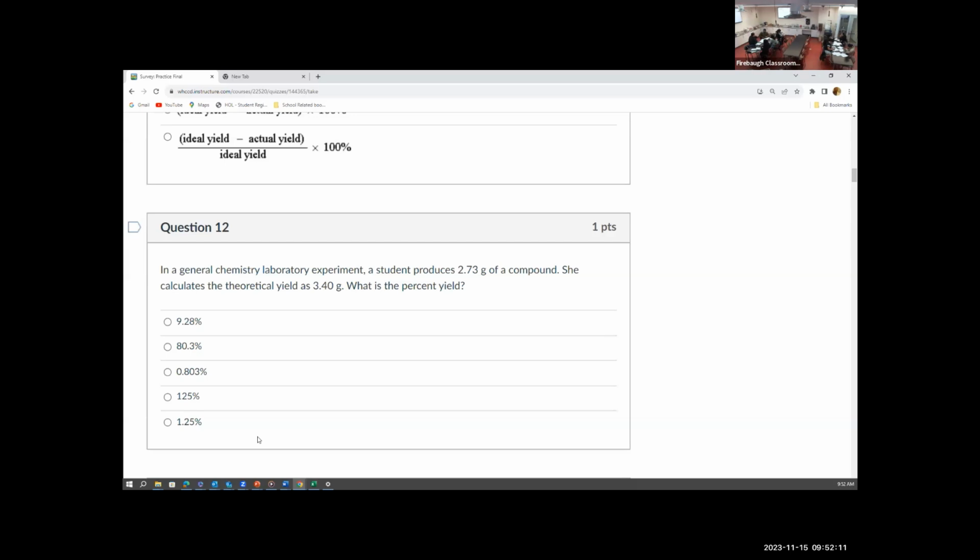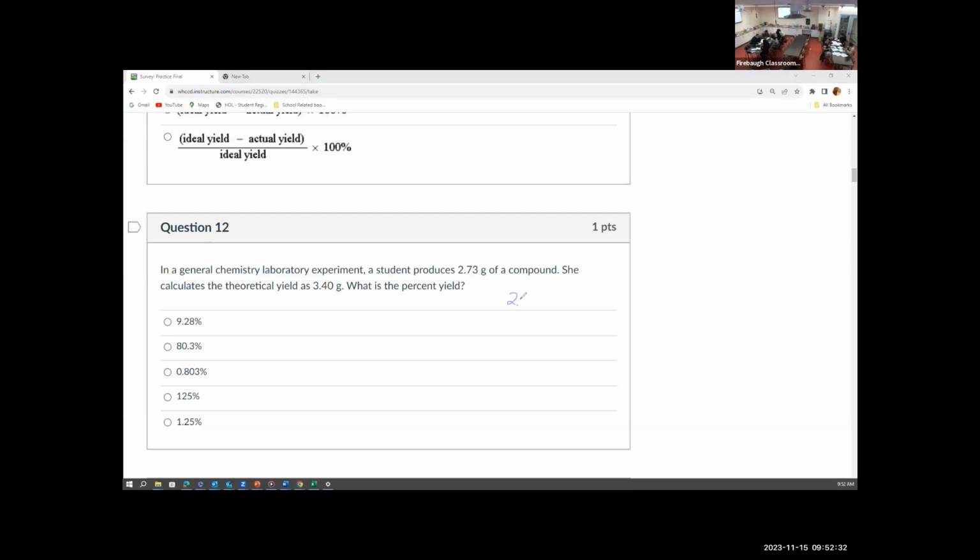You guys have an answer? Everybody has an answer. And online, do you guys have an answer? Okay, she already has an answer. Okay, everybody said it was B. B is the correct answer, right? So we know percent yield is actual over ideal.